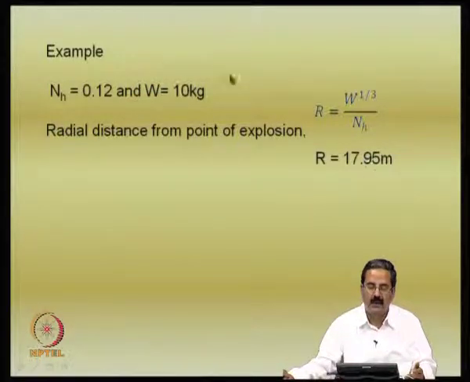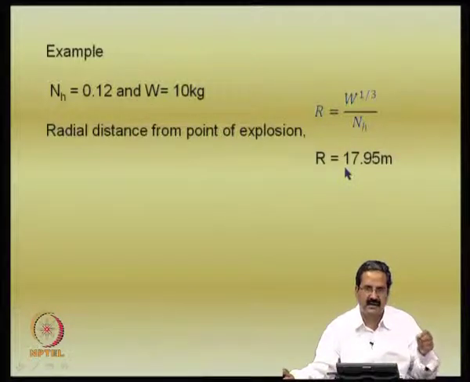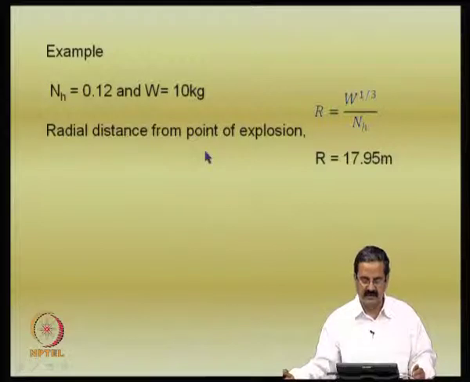So, with NH fixed, you can calculate a safe radial distance for the weight you can use, which is very useful in the design of blast induced vibration compaction systems. If you want only 10 meters, you can reduce the weight, and then calculate the area to be compacted by this method. This is a very important point.